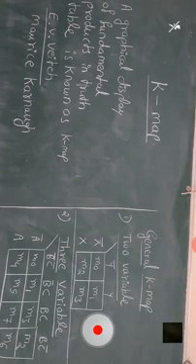So general K-map means what? It is the formula. A Boolean expression may contain sometimes 2 variables, sometimes 3 variables, and like that it may contain n number of variables. For our syllabus, we are going to learn how to solve the Boolean expression up to 4 variables.